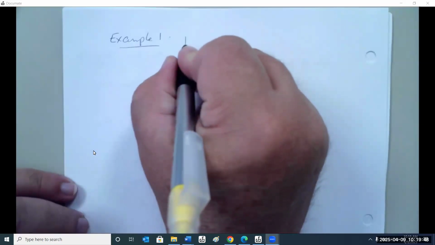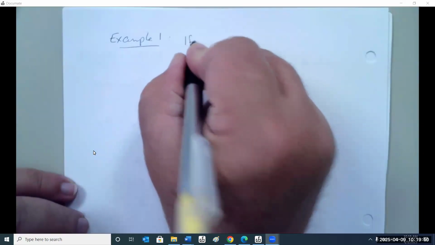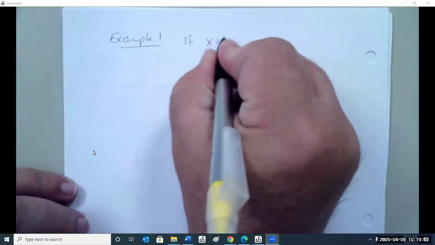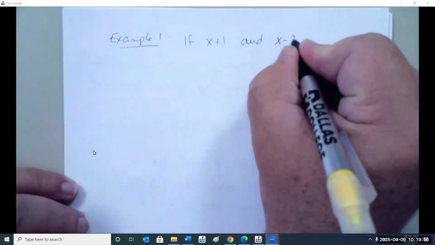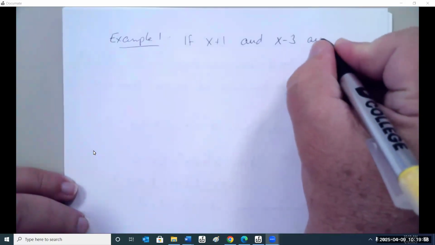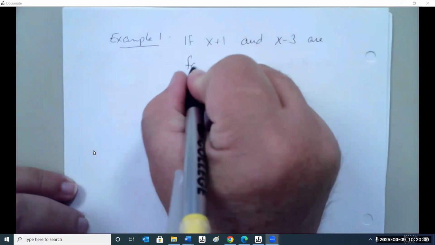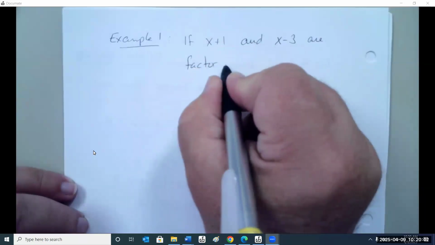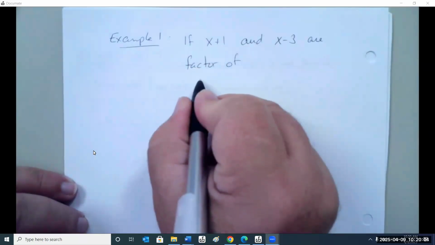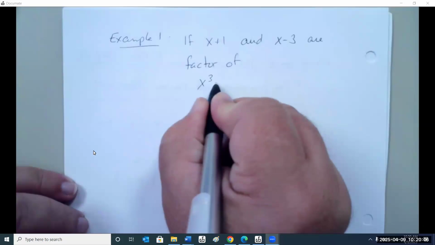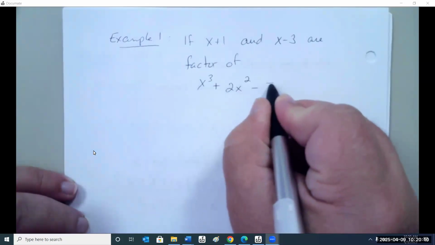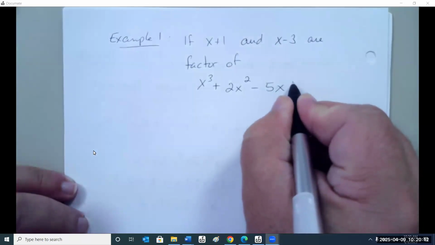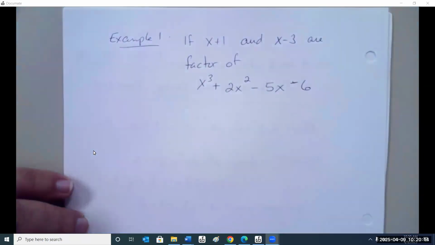Determine if x plus 1 and x minus 3 are factors of x cubed plus 2x squared minus 5x minus 6.